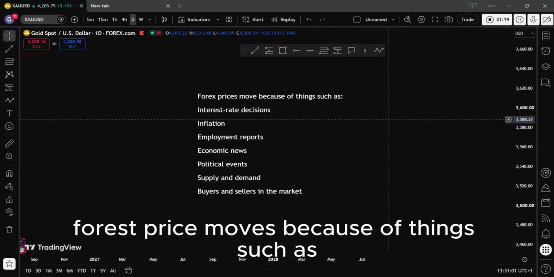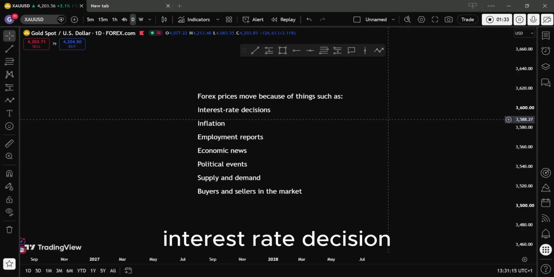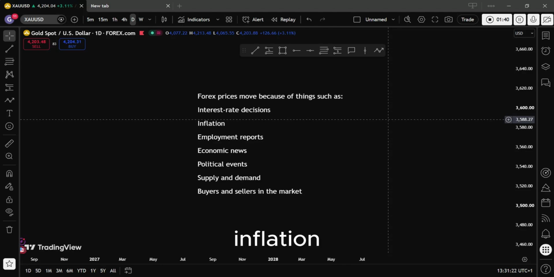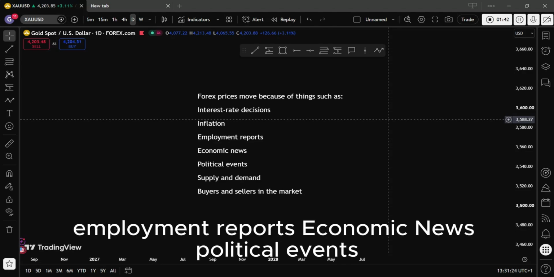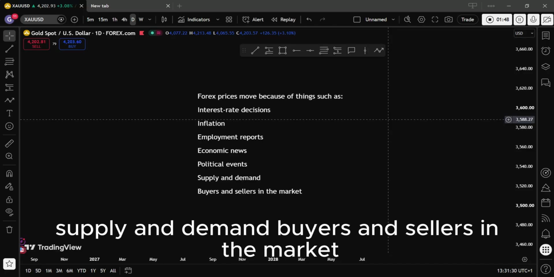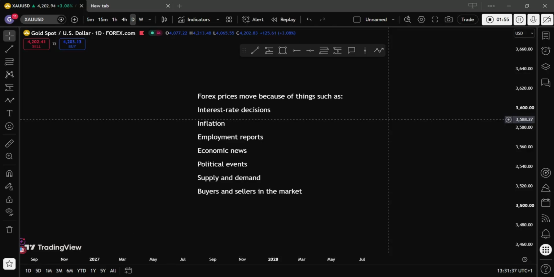Forex price moves because of things such as interest rate decisions, inflation, employment reports, economic news, political events, supply and demand, and buyers and sellers in the market.